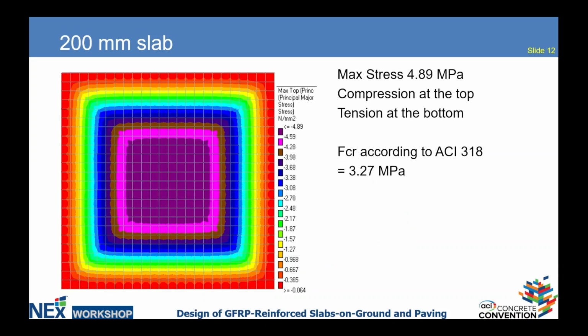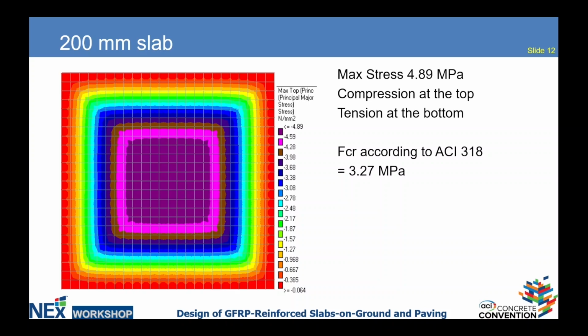So now you see the colorful diagrams. When we subject the 200 millimeter slab to the plus 35 degree thermal gradient and 12 kPa of uniform live load, 12 kPa is 250 pounds per square foot, equivalent to highway loading as a uniform surcharge, it's cracking the slab.